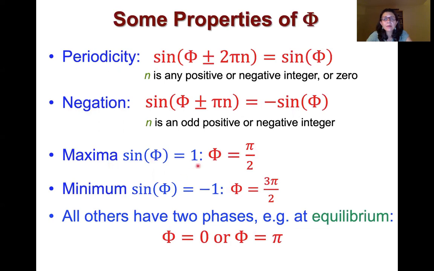Now, the maximum is always described when the total phase is pi over 2, so the sine of phi is 1, which is the maximum value it can have. And then the minimum is when it's 3 pi over 2, so you get minus 1.